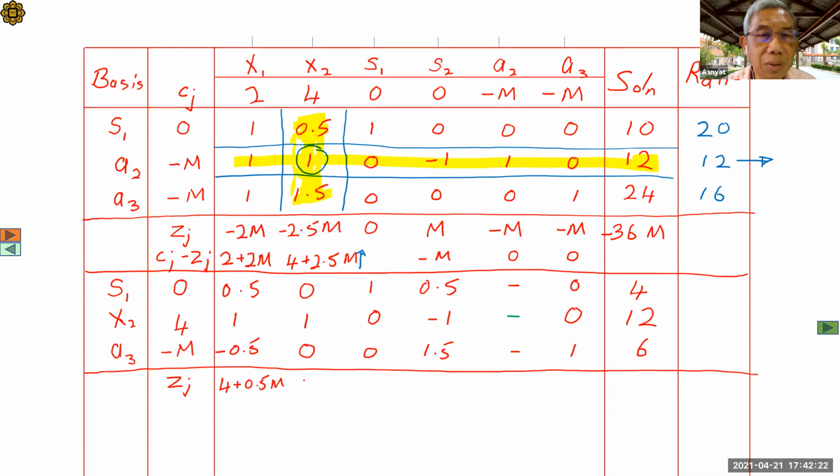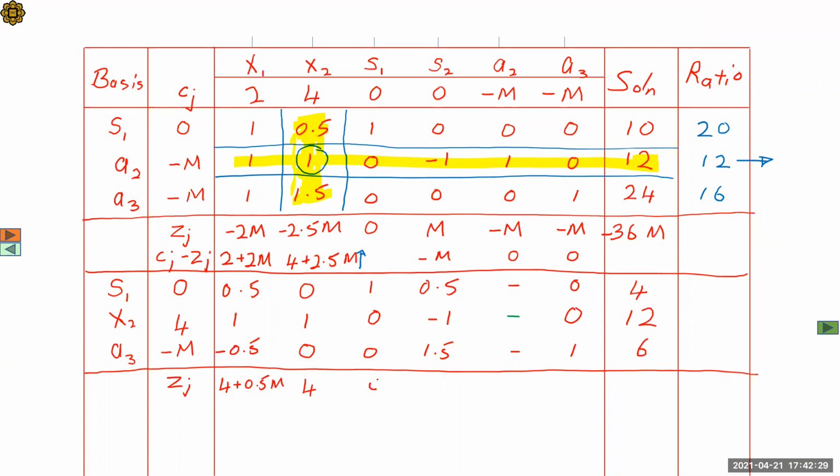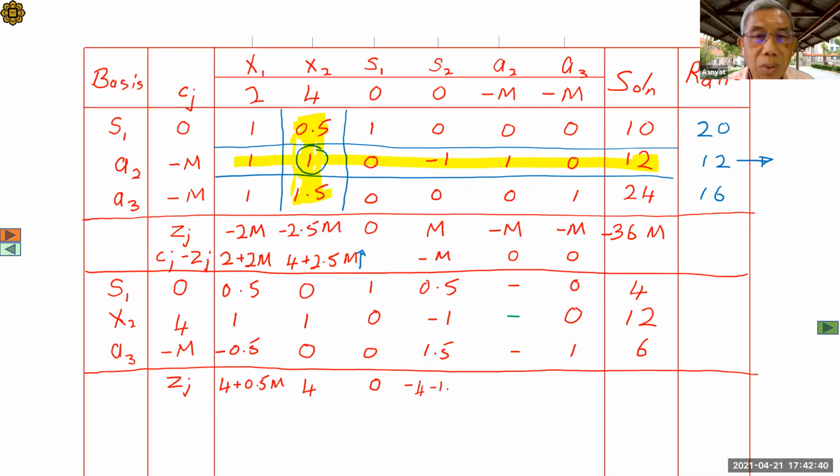Then the second row, 4, 0, 0, negative 4, negative 4 minus 1.5 m.